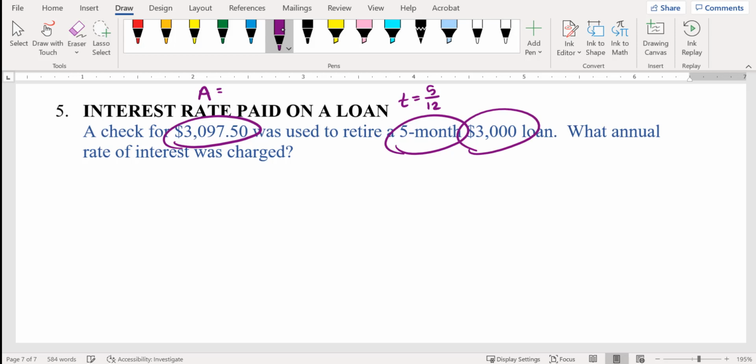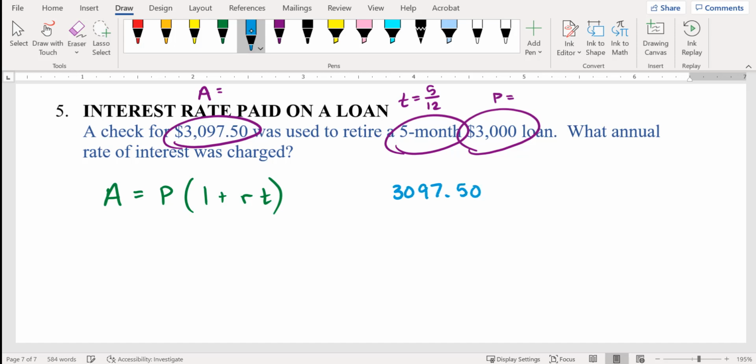A $3,000 loan, that's your principal. You want to know what R is. I'm going to use A equals P times (1 plus RT) in parentheses this time. So A, 3097.50, equals 3,000 times 1 plus R times T, which is 5/12.